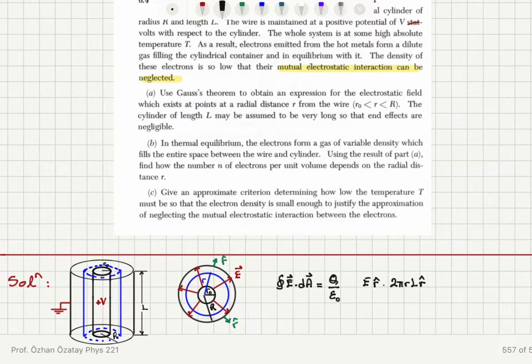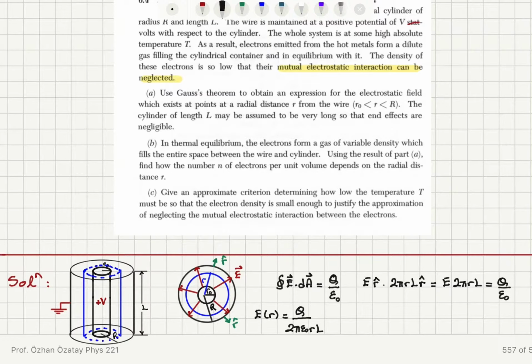So this will give me electric field E times 2 pi r L, that is equal to Q divided by epsilon 0. So I find that the electric field can be found in terms of the total charge that is in the wire inside. So it is Q divided by 2 pi epsilon 0 r times L.